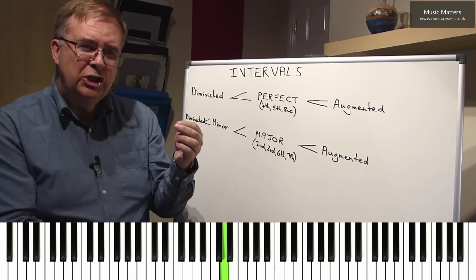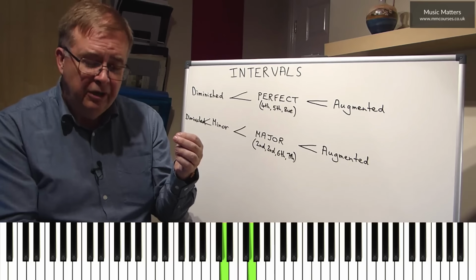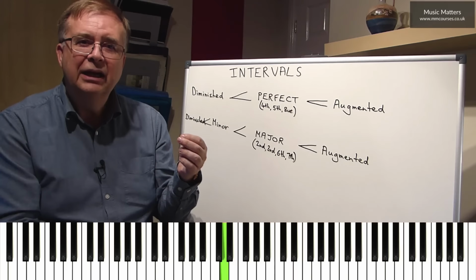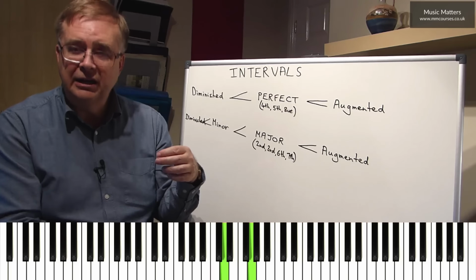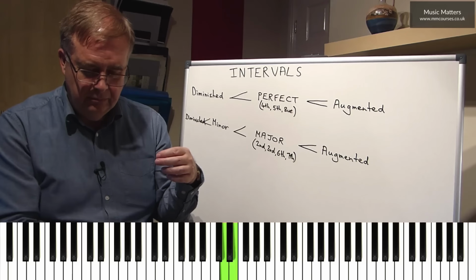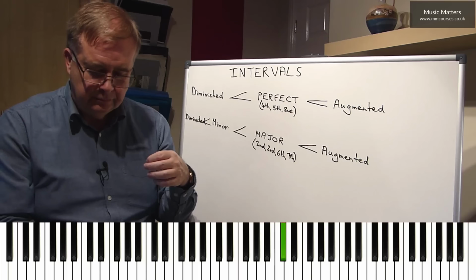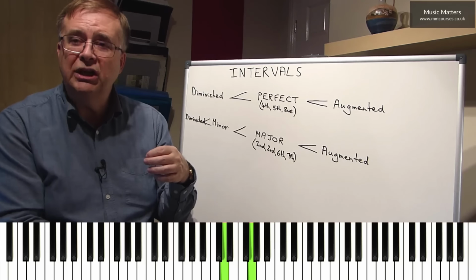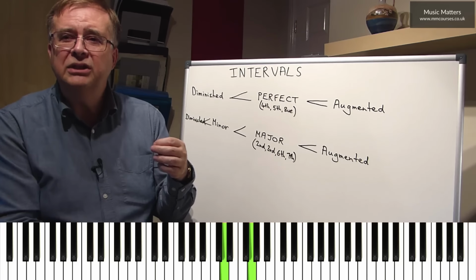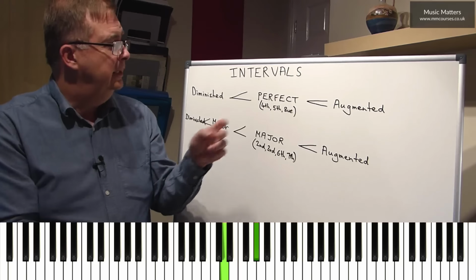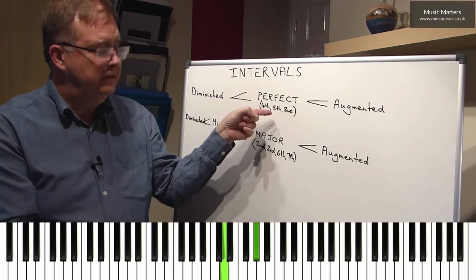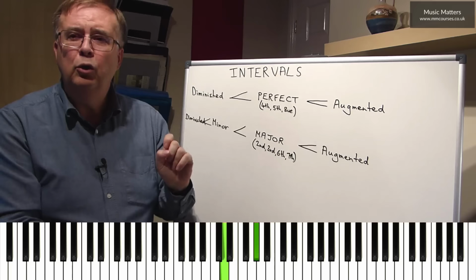Now, D to G would be a perfect 4th because G is the 4th note of the scale of D major. Here's D major. So you can see that D to G is a perfect 4th. But if I call it D to G sharp, it's actually one step bigger than this, isn't it? So it must be an augmented 4th.